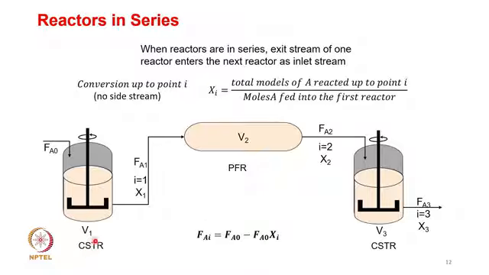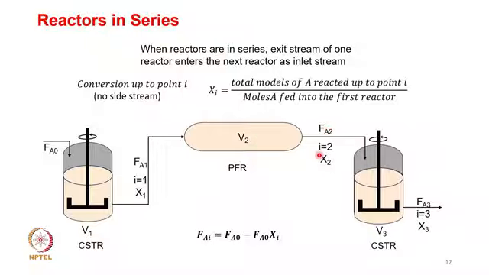So, here you have 3 reactors, a CSTR, a PFR followed by a CSTR. So, FA0 is coming in, and it has a volume V1 and FA1 is going out. In this case, your i is 1 because this is the first pass and the conversion is X1. Then it goes to the next reactor, let us say having volume V2, and the output will become FA2.